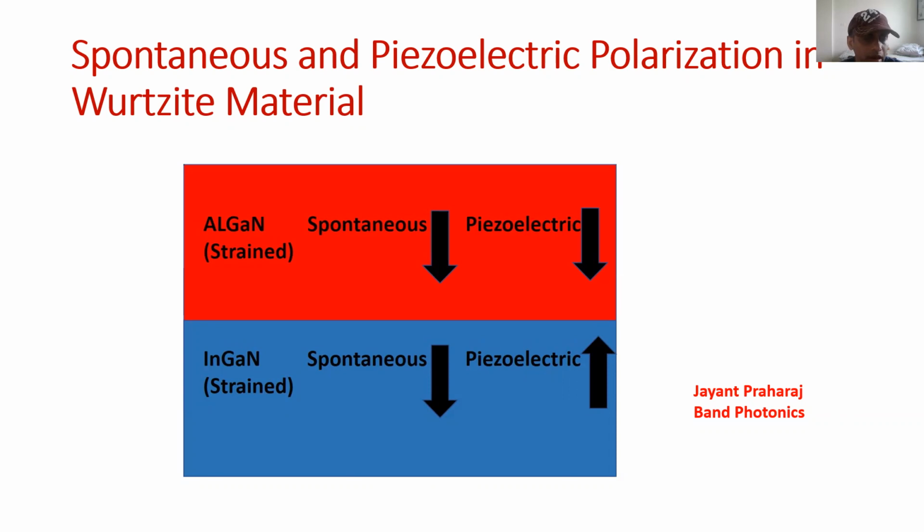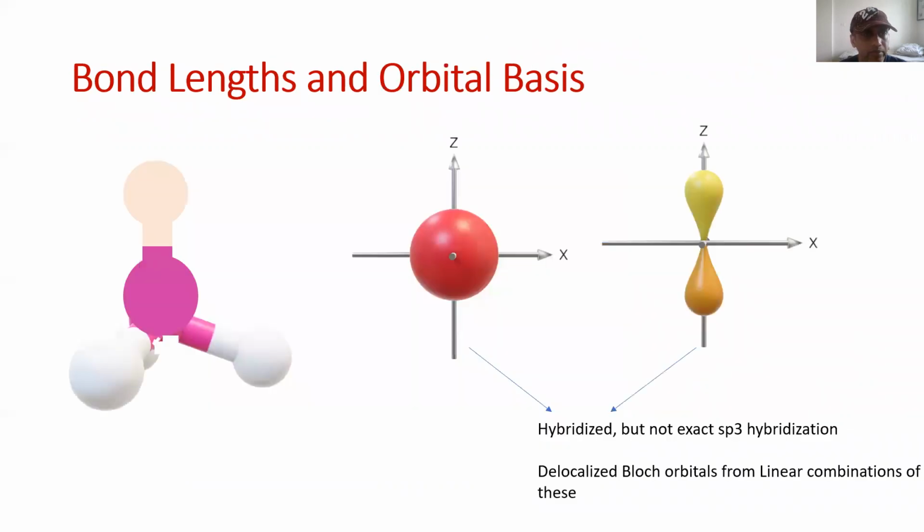I have to keep in mind that depending on the kind of epi layer and the substrate, the kind of strain can vary. For example, the strain can be compressive or tensile, and its magnitude can be different. And based on that, the magnitude and direction of piezoelectric polarization can vary.